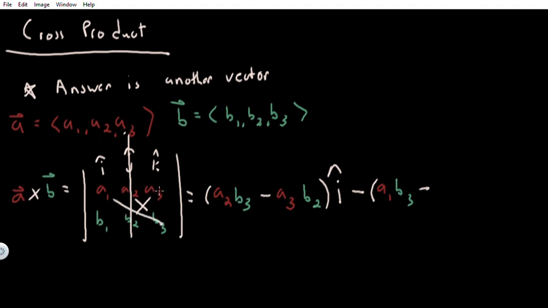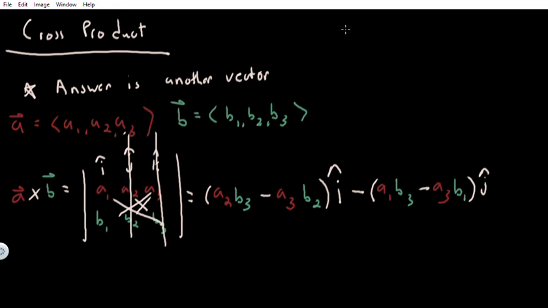Now, since I crossed out j hat first, this is multiplied by the unit vector j hat. Next, I would cross out k hat.